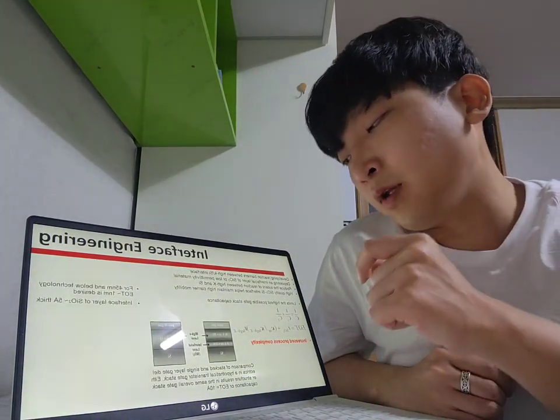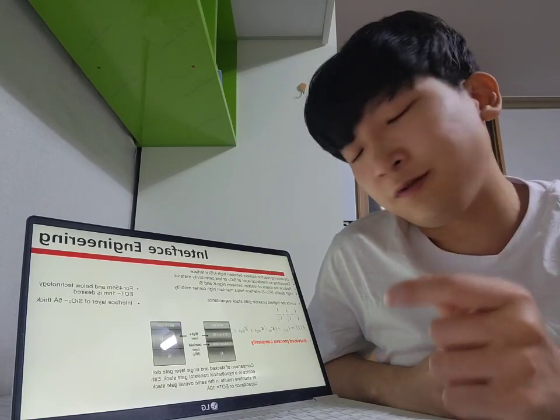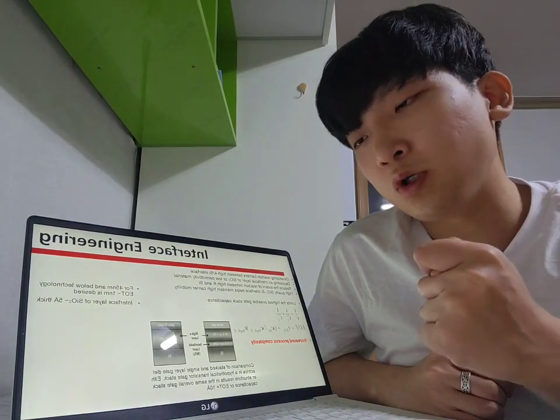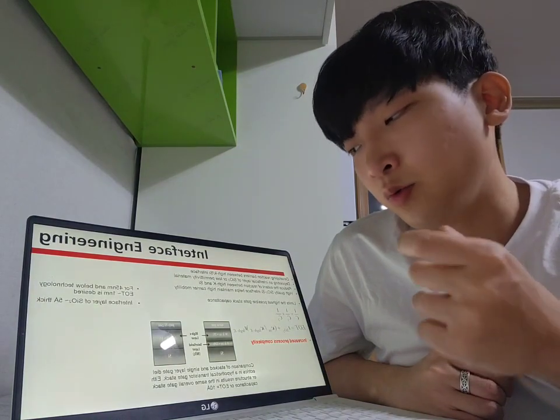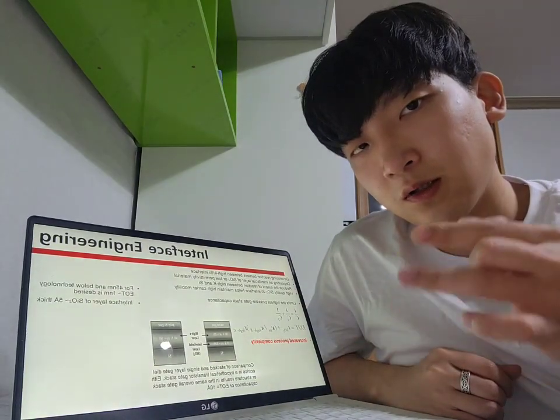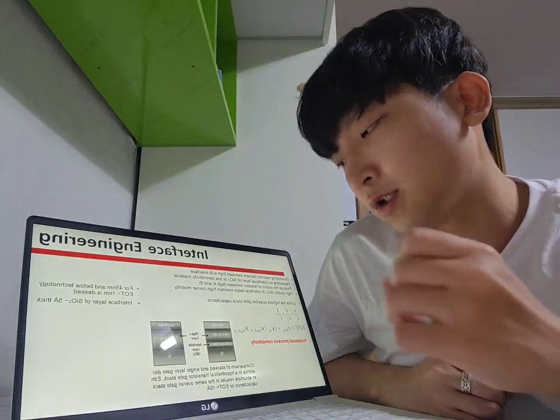Yeah, and if we have some interfacial layer, we have some tunneling, but it is much less than when we use just a high K layer, not including some interface layer.